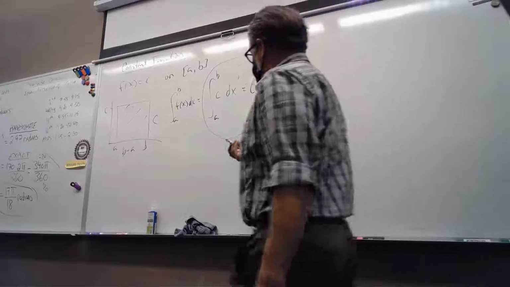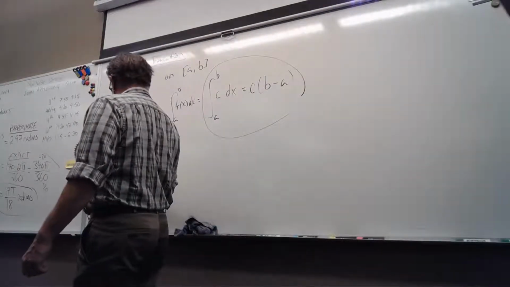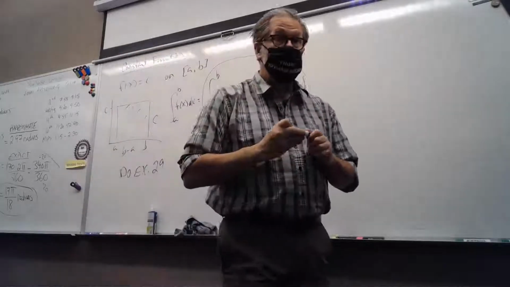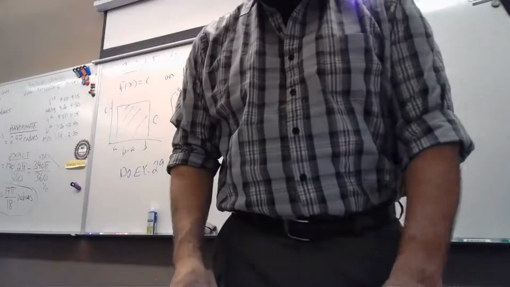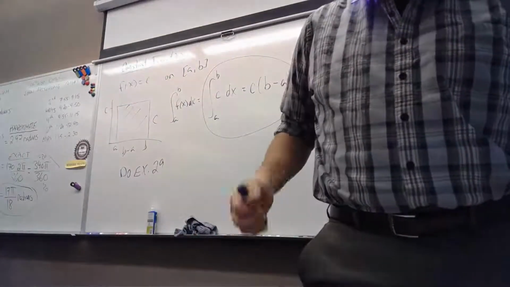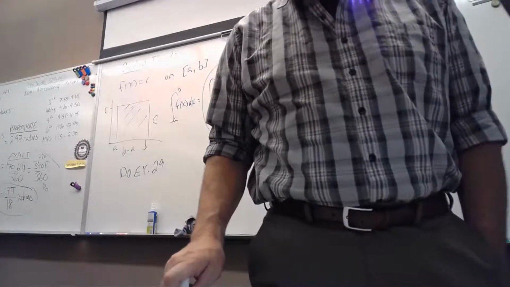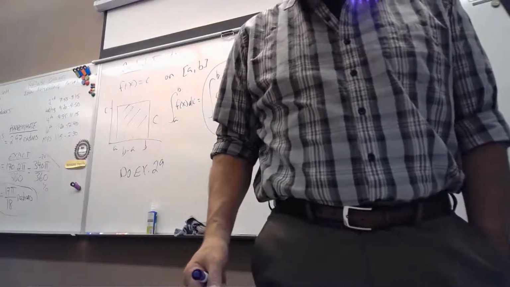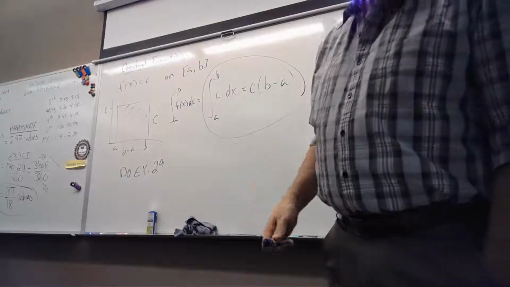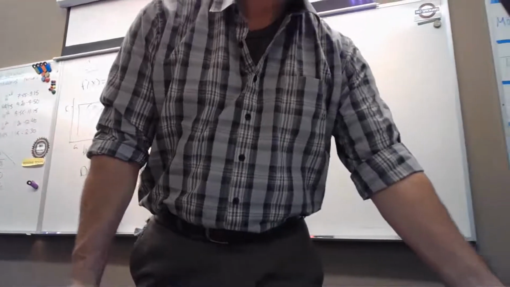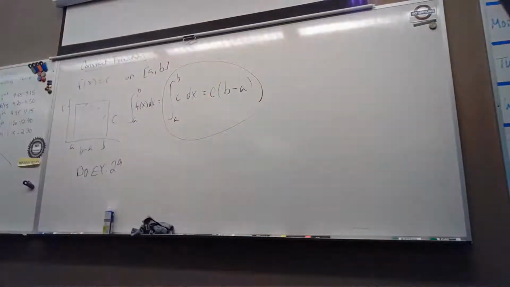So why don't you guys go ahead and do exercise 29 out of the book. Don't forget we're at 6.2.